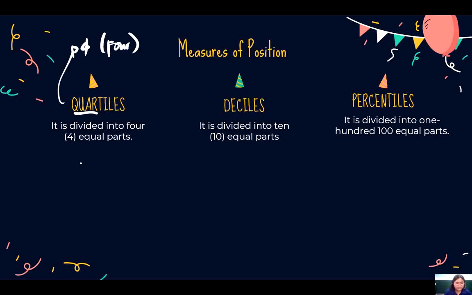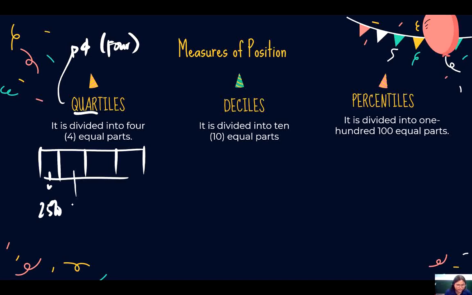It divides the whole into 4 equal parts. So this is 25%, this is 50%, this is 75%, and here is 100%. It divides the whole into 4 equal parts, that is why it is called quartile.